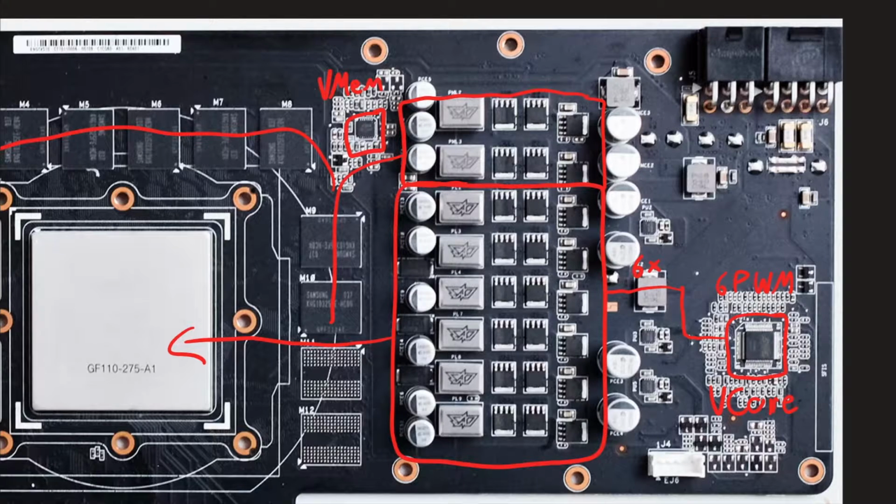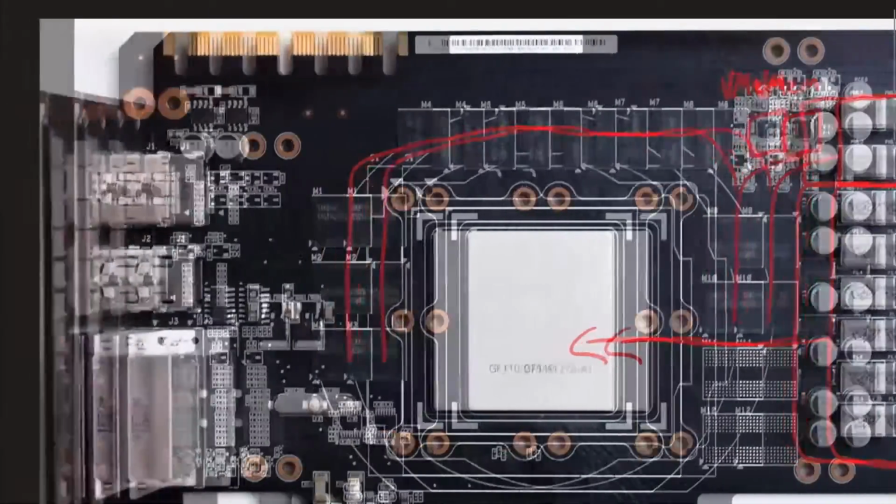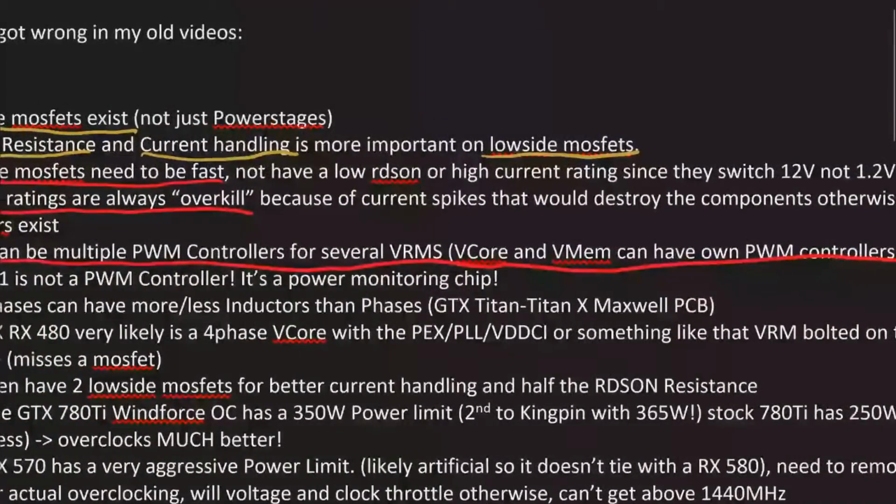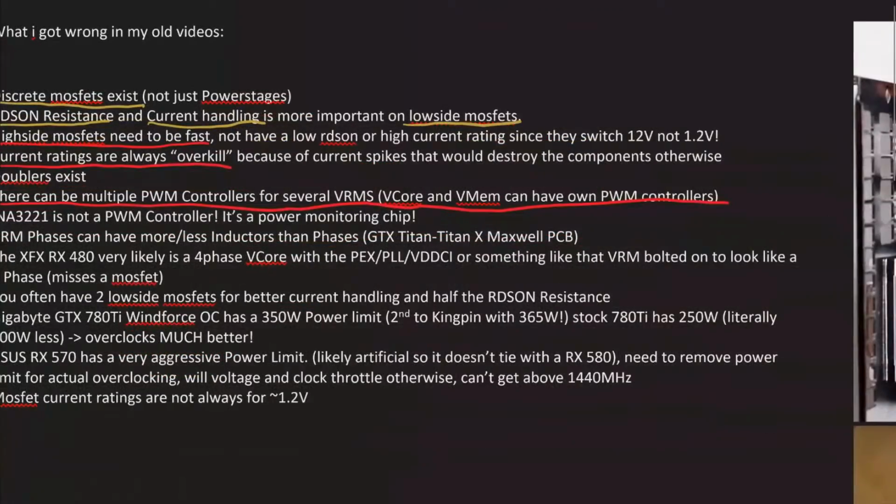So motherboards often use one PWM controller, though there are motherboards that have 2. Graphics cards oftentimes have 2 PWM controllers. And that totally works. I originally thought this doesn't work, but it totally works.